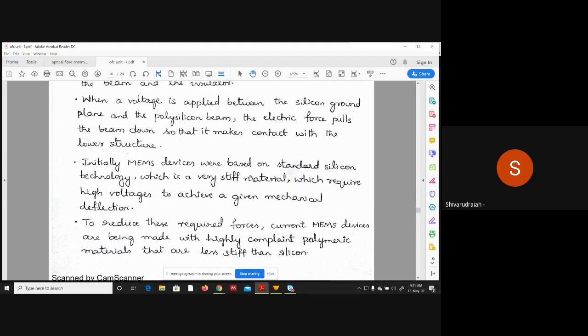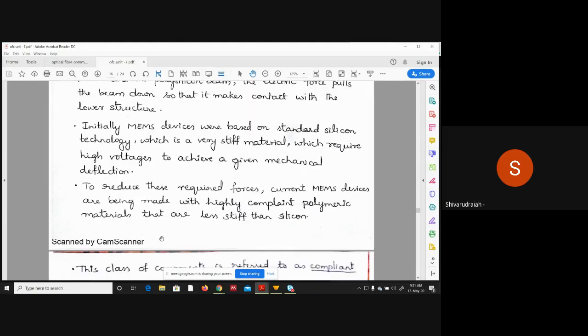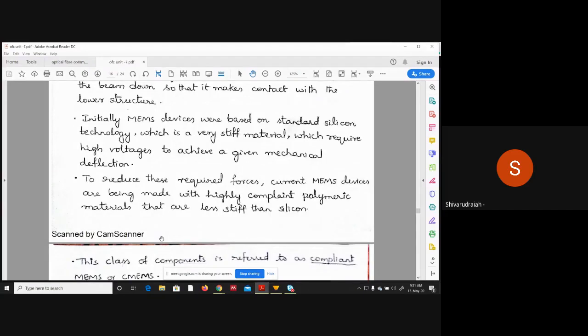More voltage has to be applied if the materials for the silicon ground plane as well as the polysilicon beam are stiff. But you can reduce the voltage that you apply between the beam and the ground plane if the material is highly compliant in nature.